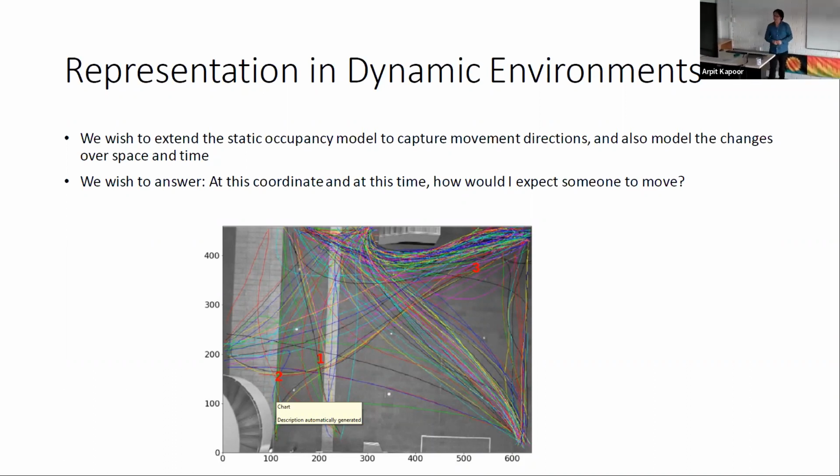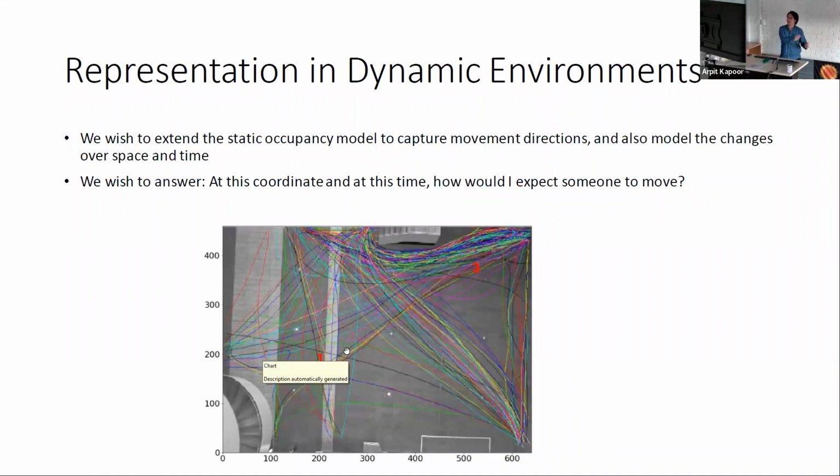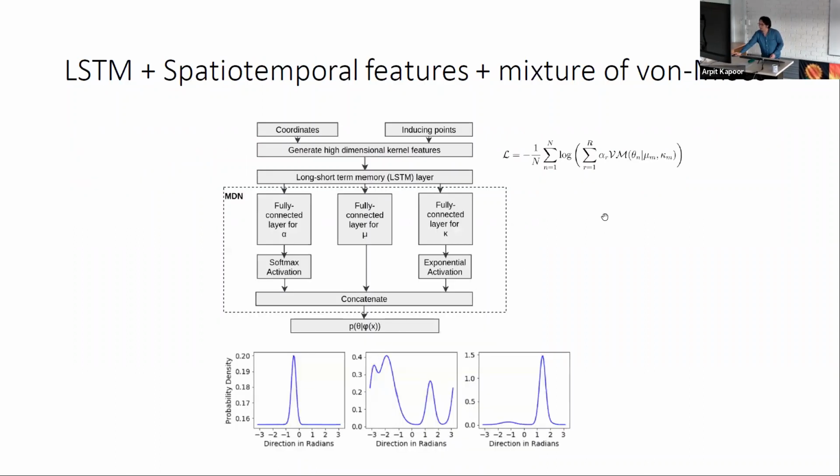Now, a robot might want to ask the question of, at this time of the day, at this location, where would I expect folks to generally go, right? And here we try and learn a mapping from space and time to the distribution of motion directions. So how is this done?